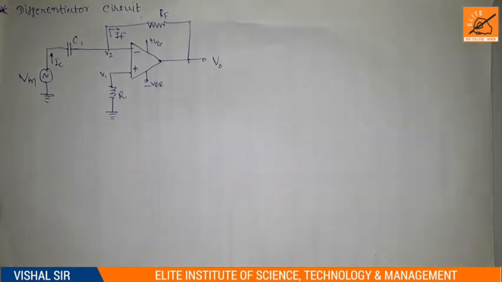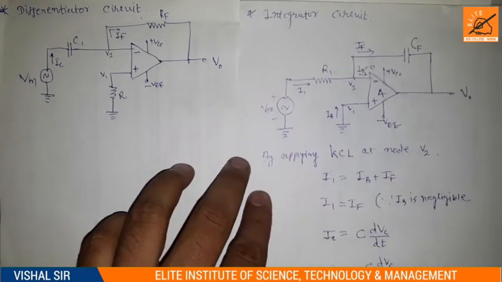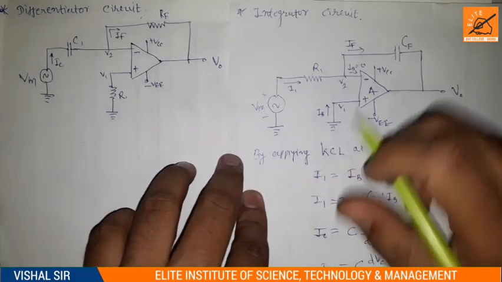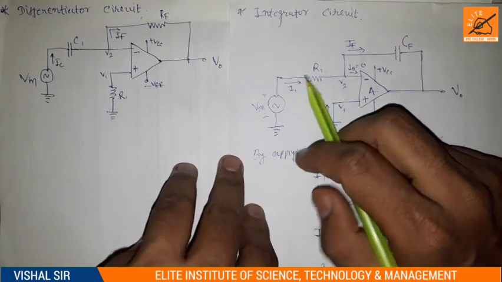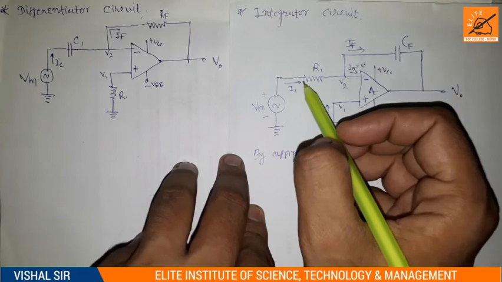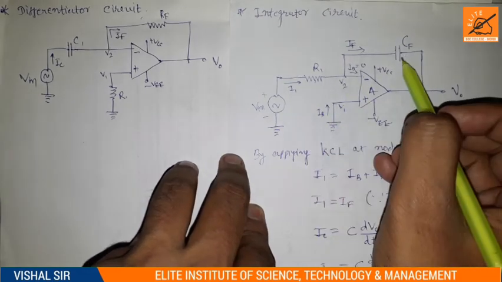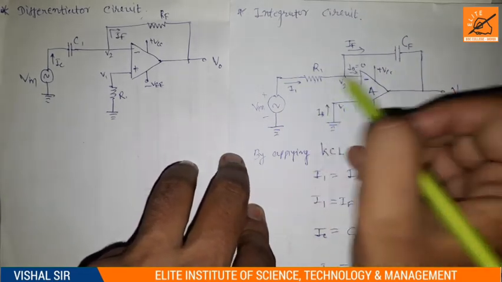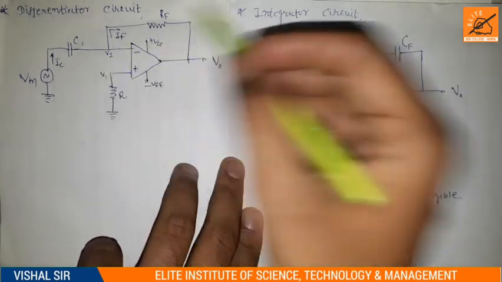Now we will compare this with the integrator circuit. Here we can see the circuit diagram of the integrator circuit. So we can say that these two components R1 and CF are interchanged, then we get this circuit.